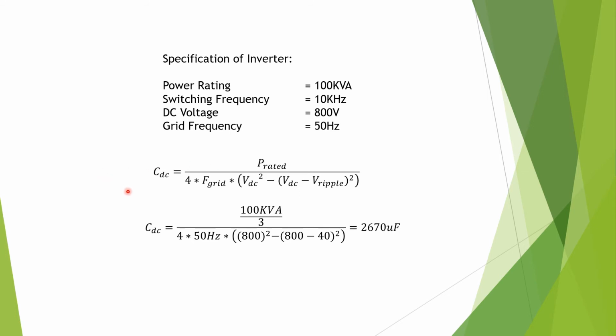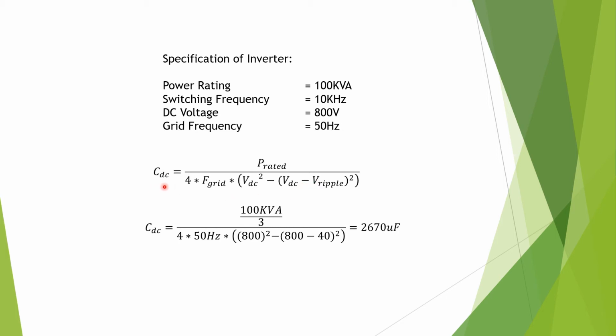Here is the formula to calculate the DC bus capacitor. C_DC equals rated power upon 4 times grid frequency times, DC voltage squared minus (DC voltage minus ripple voltage) whole squared. Let's substitute the values in the above equation.